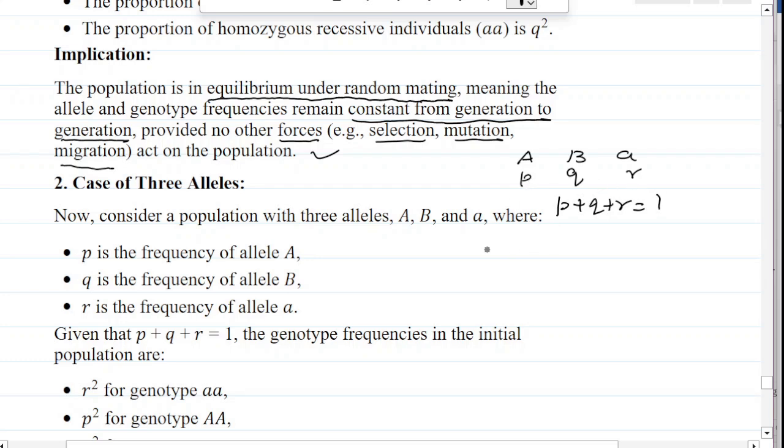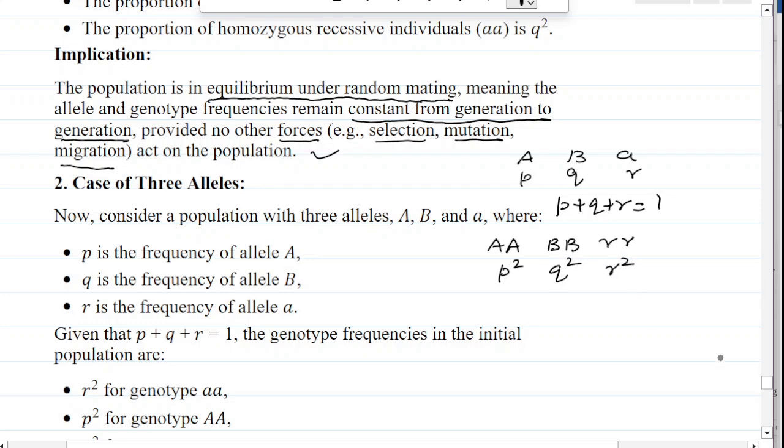Now, what is the genotypic frequency of capital A, capital B, small a? So the genotypic frequencies in the initial population are say P square, this is Q square, and this is R square.